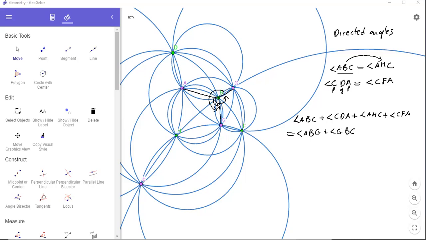When you add those two, you just get back to the same angle, from AB to BC. Okay, so that's just the trick we'll be using. And we'll be using G as the central point for all this. You could use E as well, but let's make use of G.